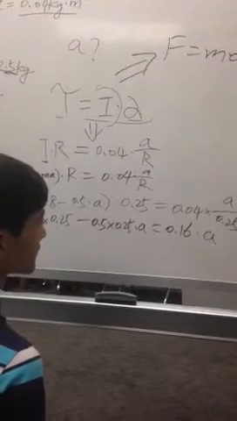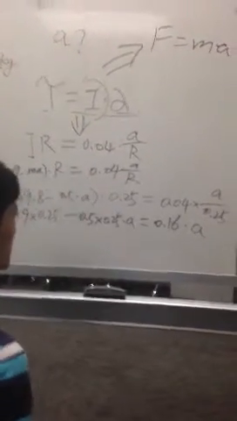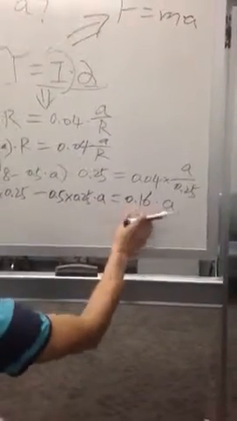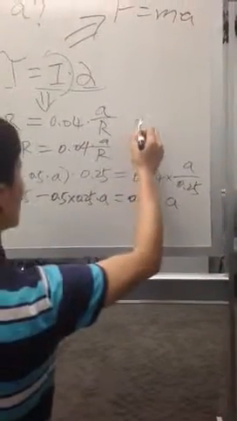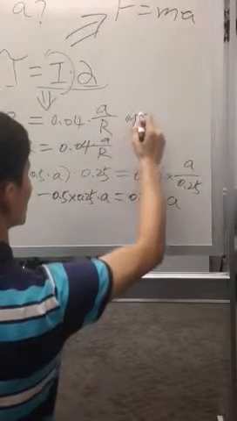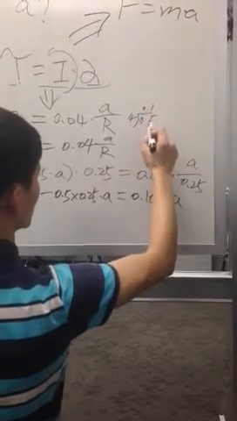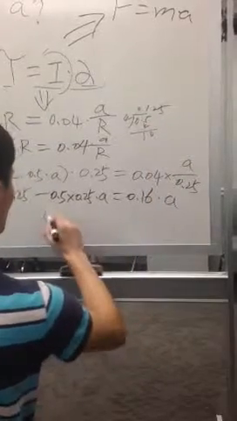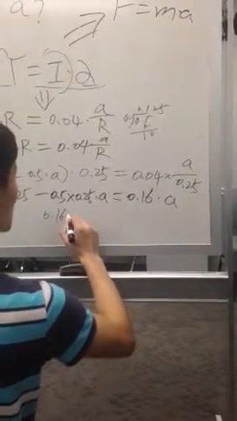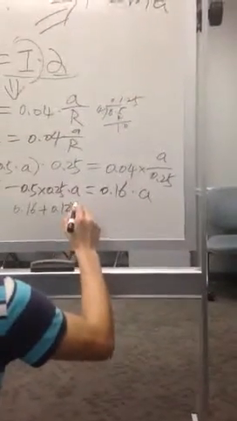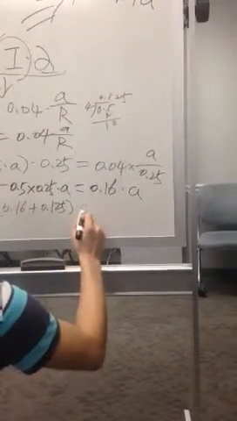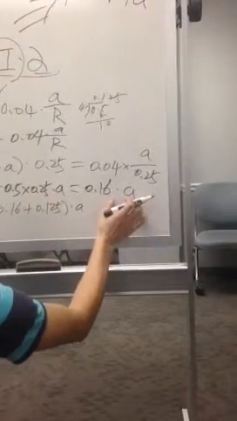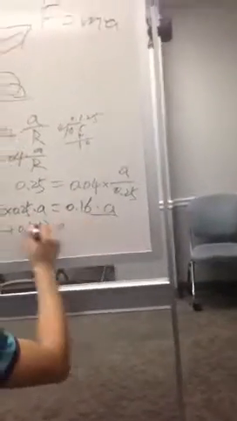Yeah. Okay. And then you move this to this side and you divide by 4. You can use a calculator. So it will be 0.16 plus 0.125A. So you move all the A together, right?